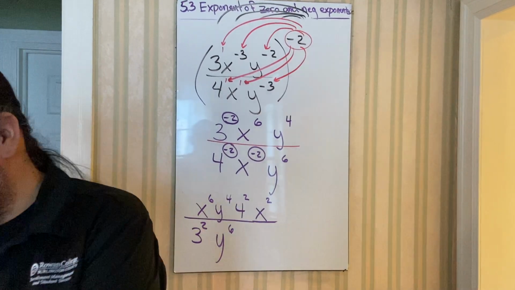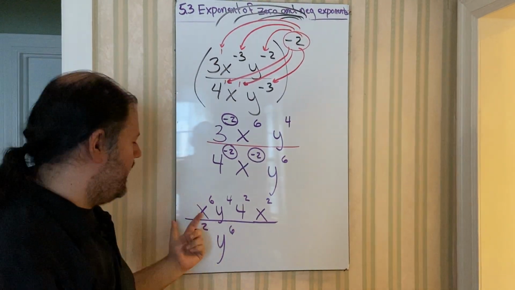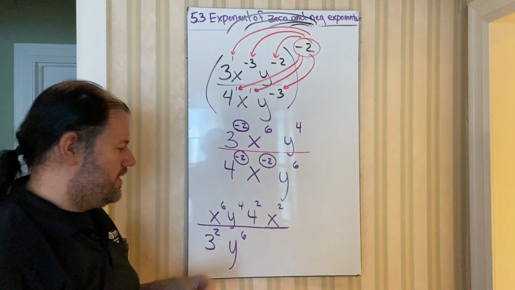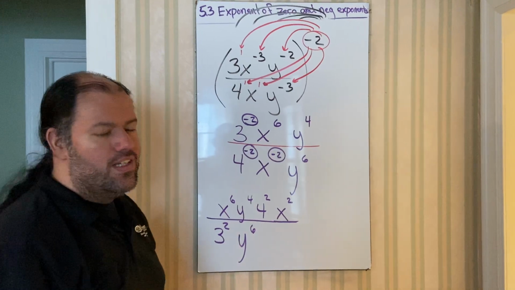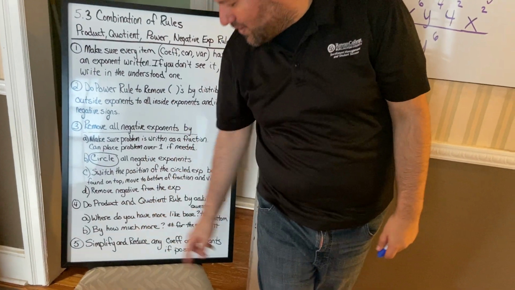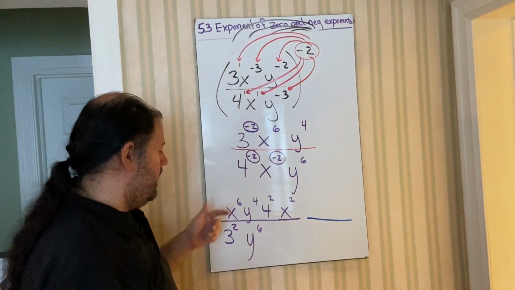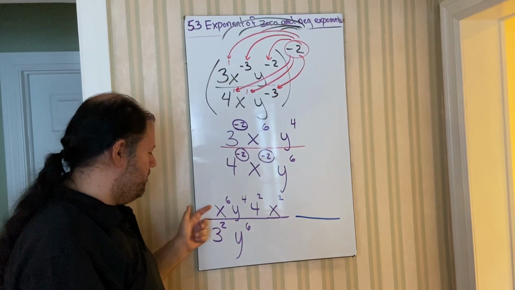You can see I have some like bases now. Notice I have x, x, they're a match. y, y, they're a match, but nothing else, because there are no other 4s and no other 3s. So now remember step 4, ask those 2 questions. For x's, where do I have more, top or bottom?